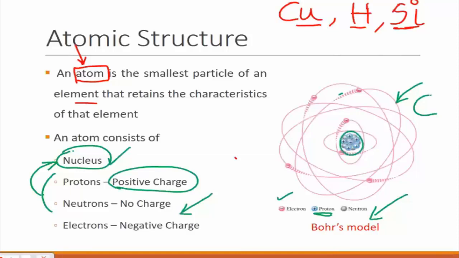Carbon is a conductor. You can apply voltage to your pencil and it will pass electric current. If you put in a very high voltage, it will eventually break. I think you'll see some fire as well because of the wood around it. But carbon is a conductor. So this structure is for carbon.